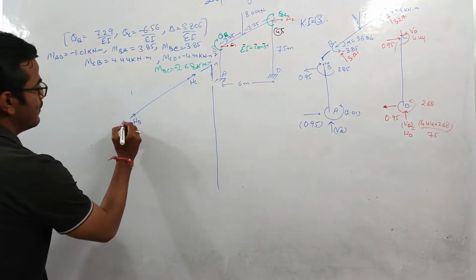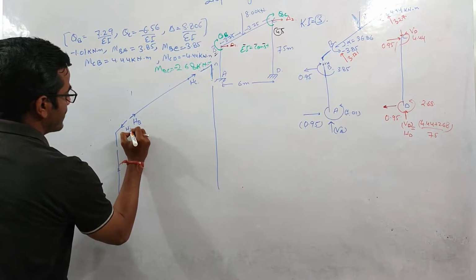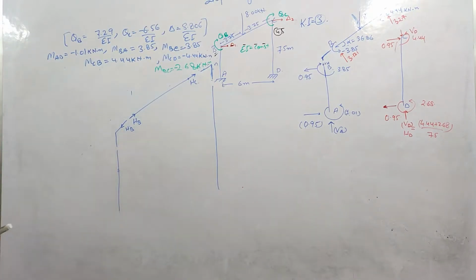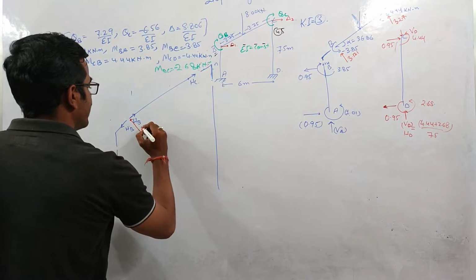Now there will be HB acting in this direction. One vertical reaction is there, which we have already calculated.